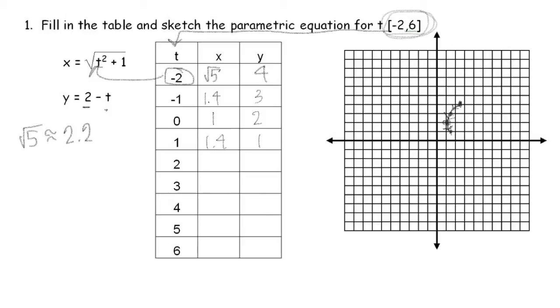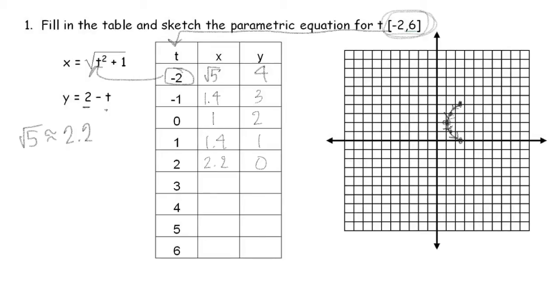And when we have 2, again we would have square root of 5, which is about 2.2. And then we have 2.2, 0. So over 2.2 and 0. And again, connecting those. Make sure you have your arrows.